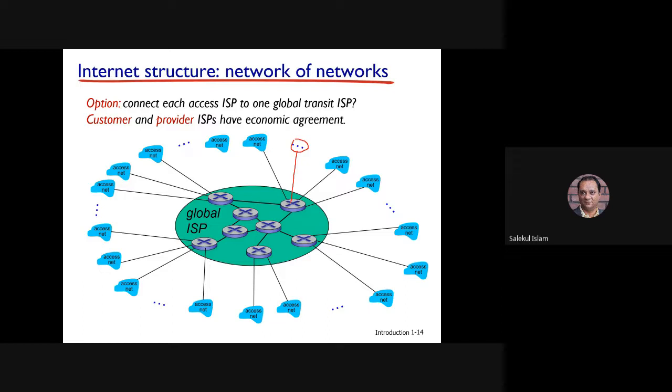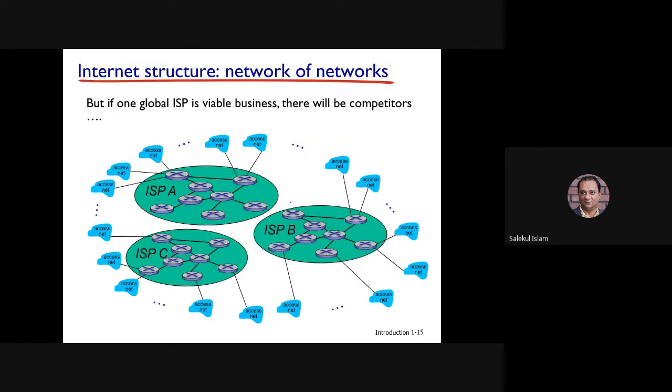Now, if you want to open a new ISP in USA, you have to establish a path from USA to China, or in Bangladesh, then you have to establish a path from Bangladesh to China. Is this feasible? No, definitely not. So this is also not a good idea, that there will be a single global ISP.